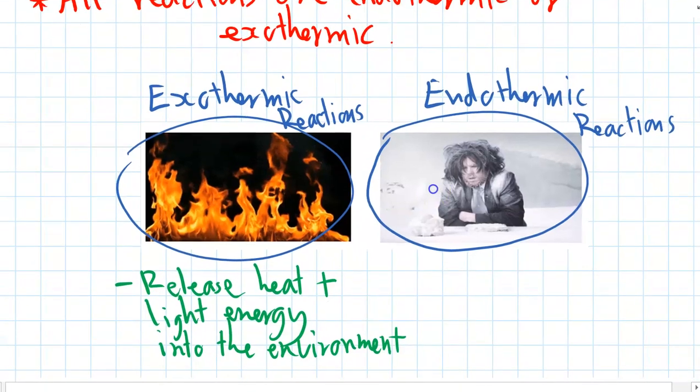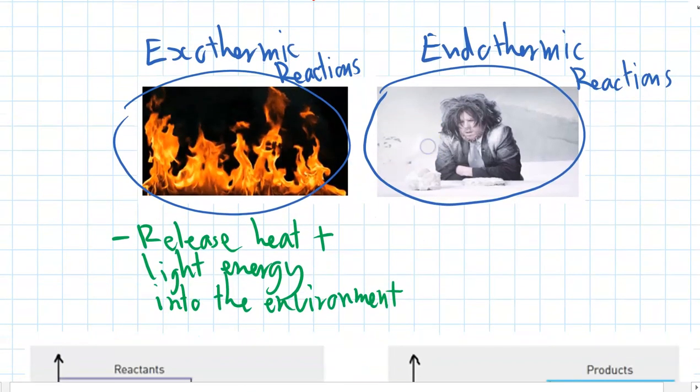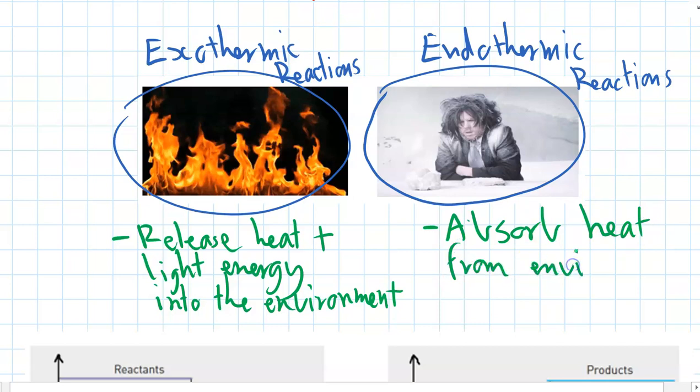This situation here isn't a chemical reaction, but it gives us the idea that the environment becomes colder if you're nearby. That's because endothermic reactions absorb heat from the environment and cool down the environment around them.